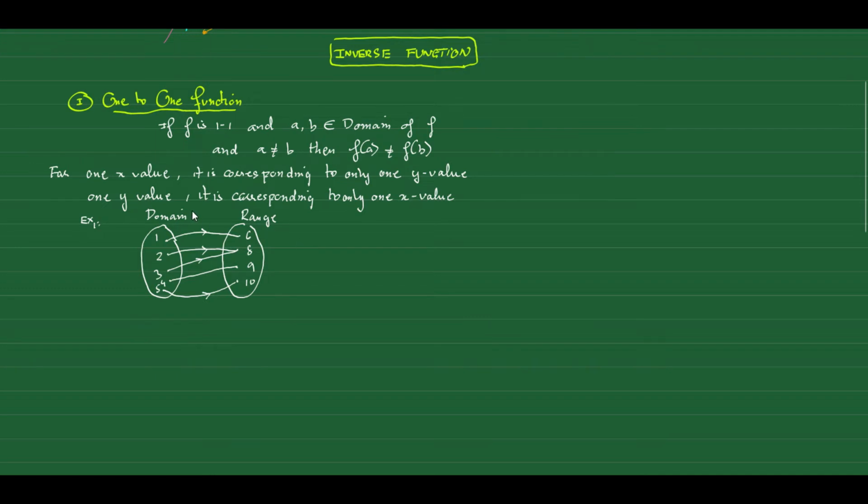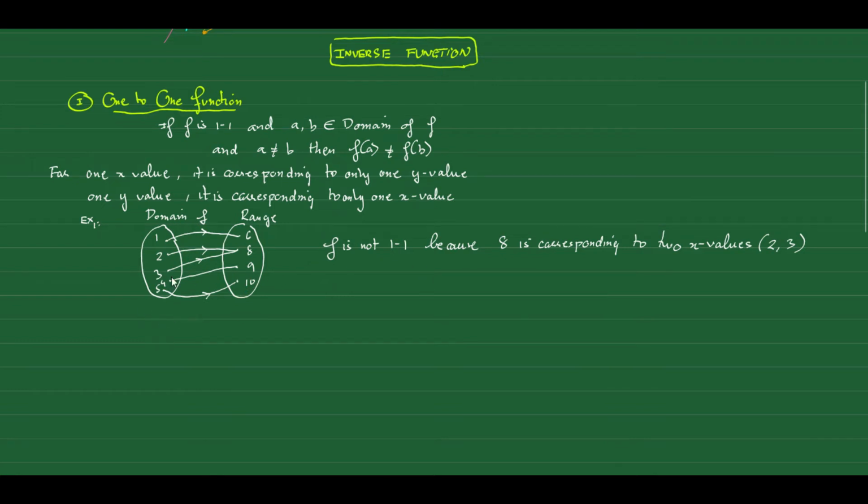So the function f here is not 1 to 1 because it corresponds to not 1 but 2 x values, which in this case are 2 and 3. So this is not a 1-to-1 function.